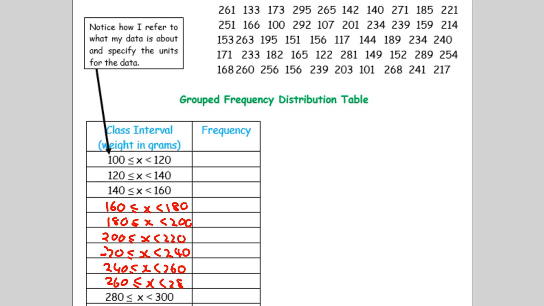You notice the last one was filled in for you. You could do a tally table. You could do a running tally on the side if you prefer.